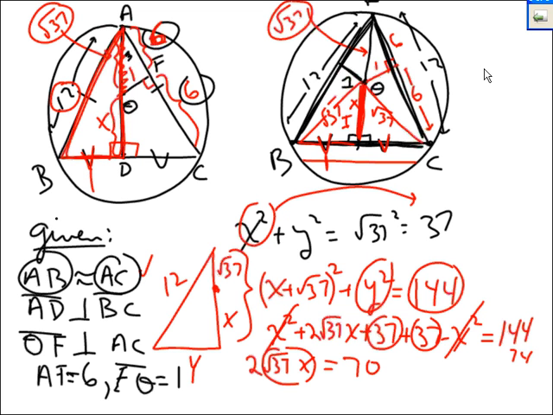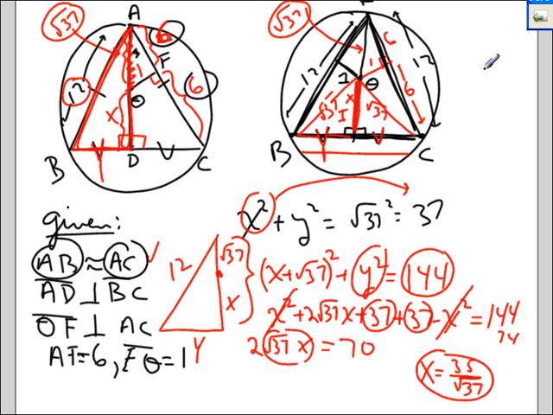Okay, so what I was doing is correct. x is equal to 35 over the square root of 37. So that's x. Now, I need to find y.